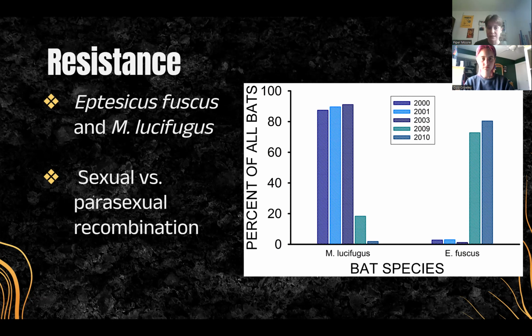And then M. lucifugus was originally hit pretty hard by the introduction of the fungus, as you can see in the same graph. Within the small population area of Williams cave mines, it originally had between 100 to 200 individuals of M. lucifugus in 2000, 2001, and 2003.